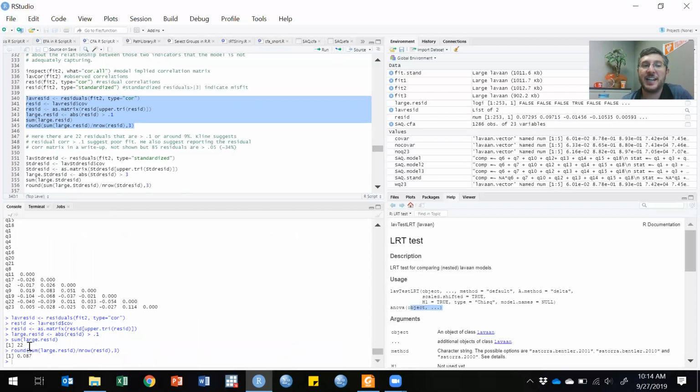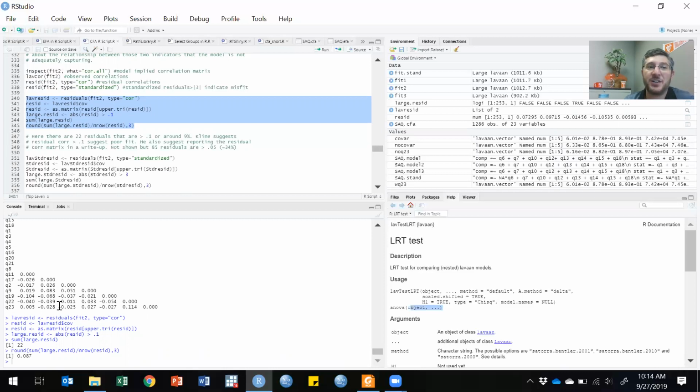So we can see there are 22 residual correlations that are greater than 0.1, and that represents about 9% of the data. Klein says residual correlations greater than 0.1 indicate a lack of fit, so is 9% of them a big deal?